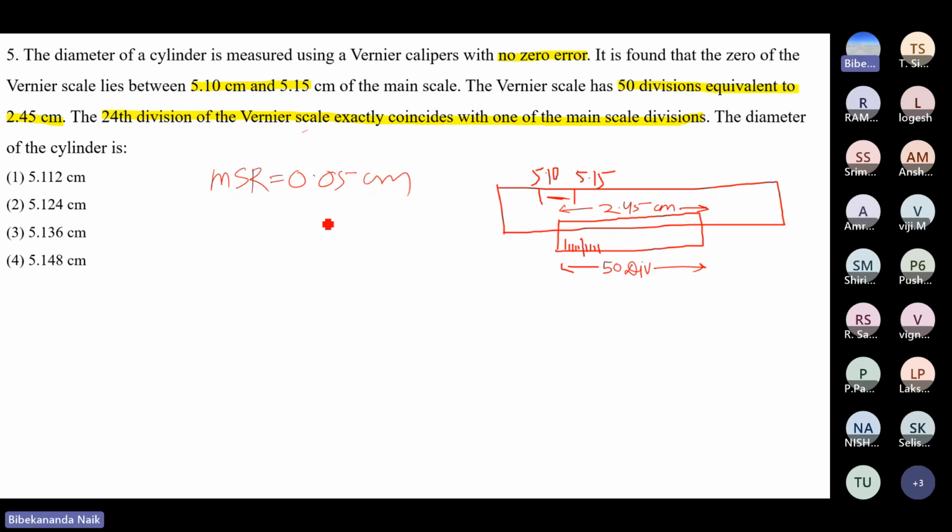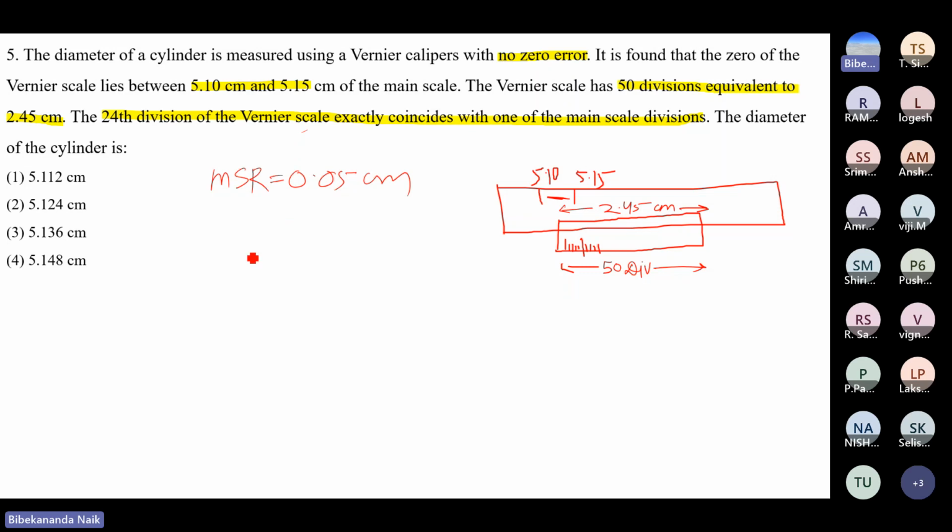Since there are no other divisions between 5.10 and 5.15, we can't measure a precise reading. The least reading that we can measure is 0.05 centimeter. So in this case, the main scale reading is 0.05 centimeter.